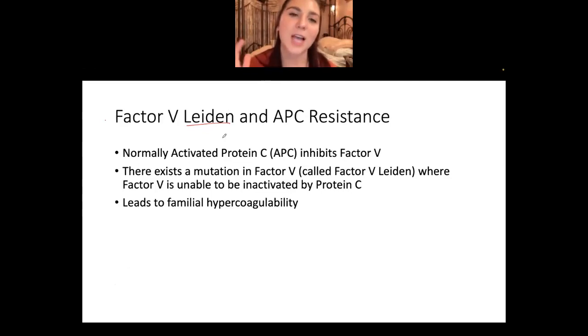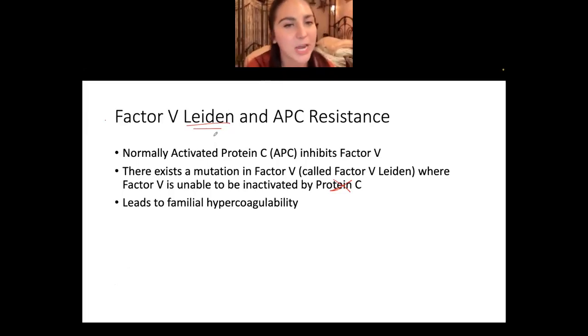So now imagine it's kind of the same idea as having an antithrombin 3 deficiency. You're hypercoagulable because now it's almost as if protein C is not there anymore, because it's not doing one of the things it's supposed to be doing. So there's mini hypercoagulability. It's not terrible. If you have it, likely one of your kids is going to have it.